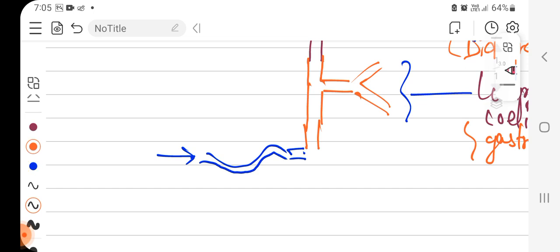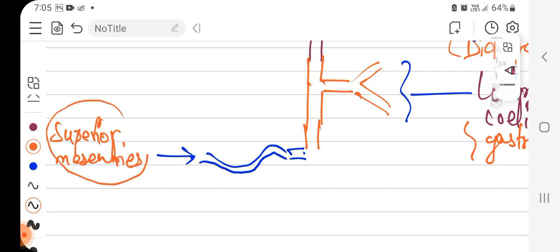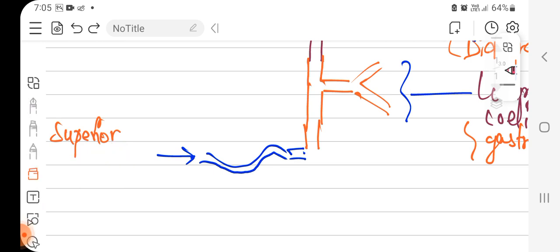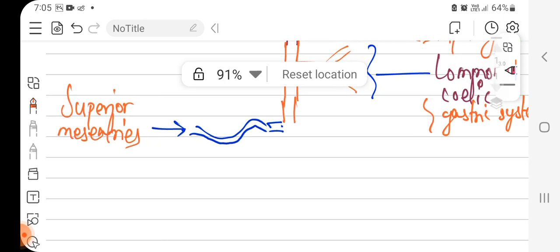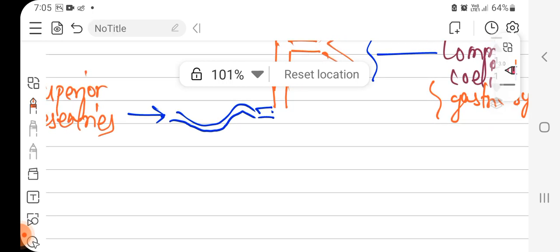This is the first mesentery, so it is known as the superior mesenteric. I am trying my best not to write in cursive.